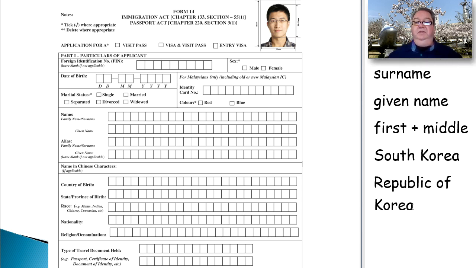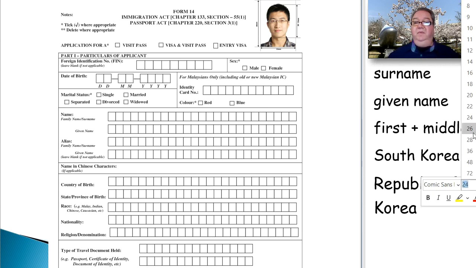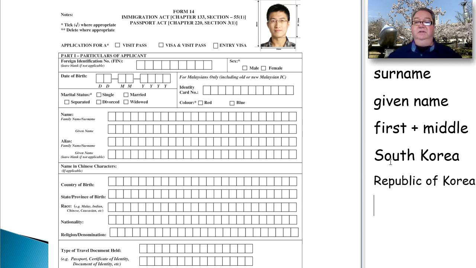That's the formal name of South Korea. So you can write either South Korea or Republic of Korea, or of course if you were born somewhere else, for example China, just write China. Oh, except make sure that you do these in block letters, all capital letters.